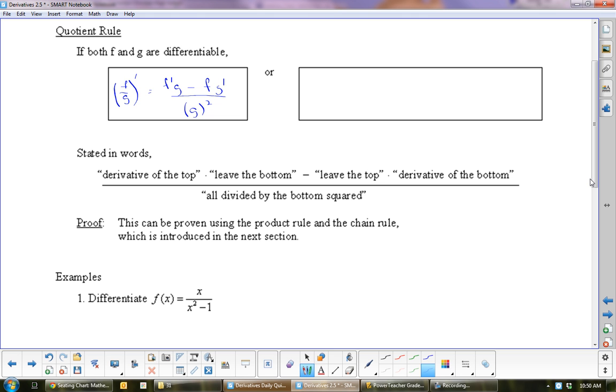Okay, now doing the other notation, find the derivative of f of x over g of x.